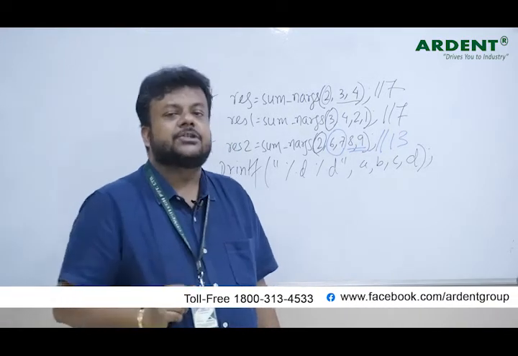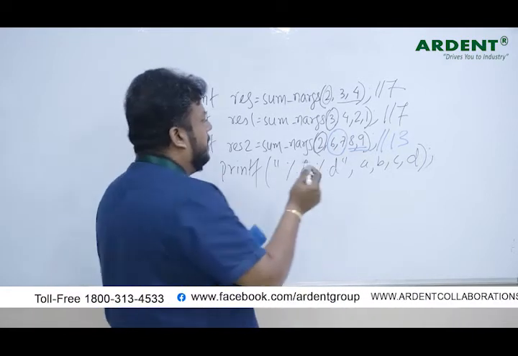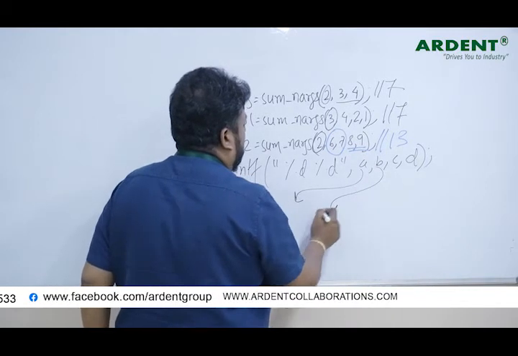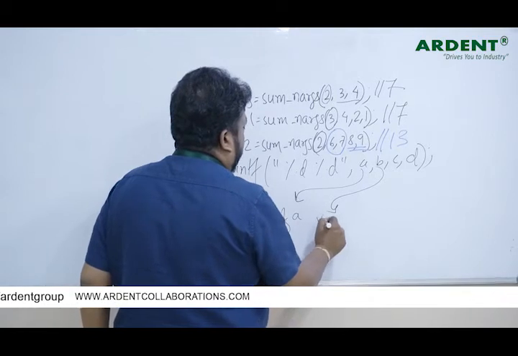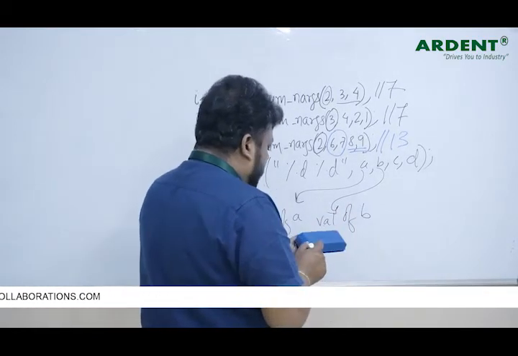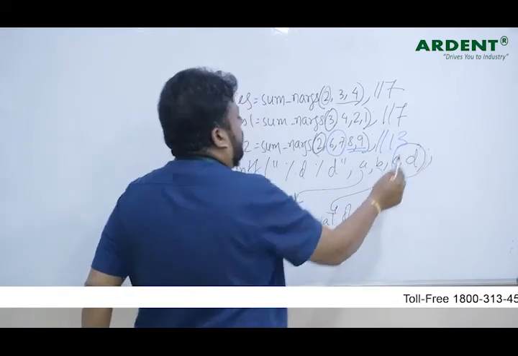If you just type this code in your laptops, you will find that the output will be the value of a and the value of b. C and D will be ignored.